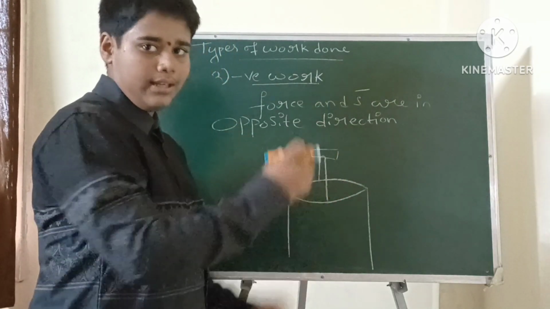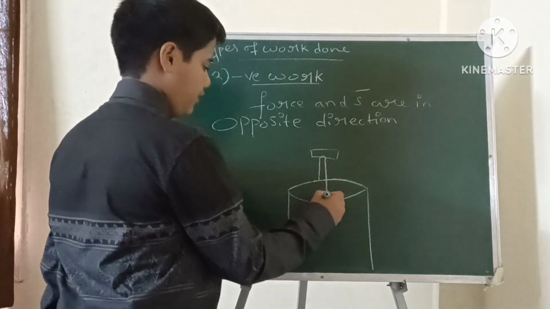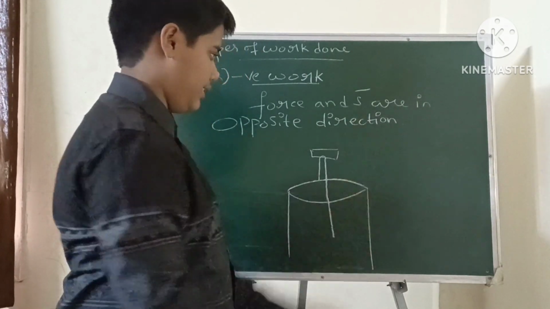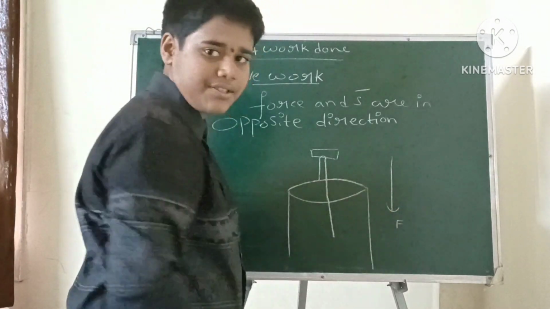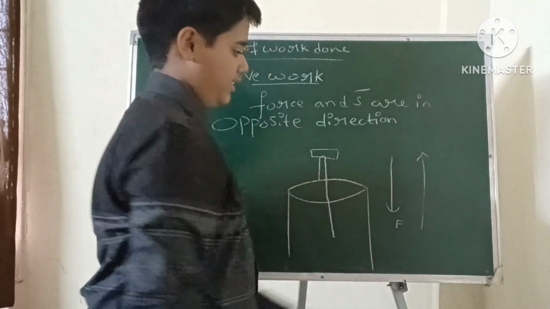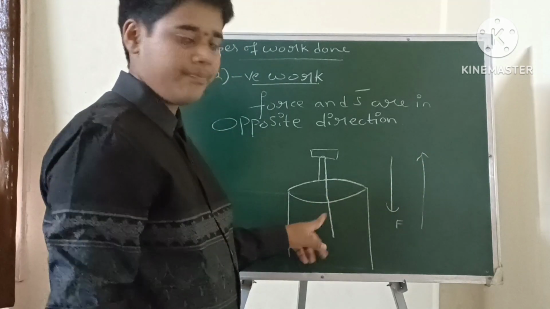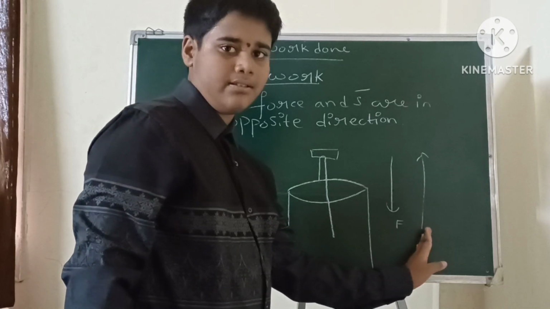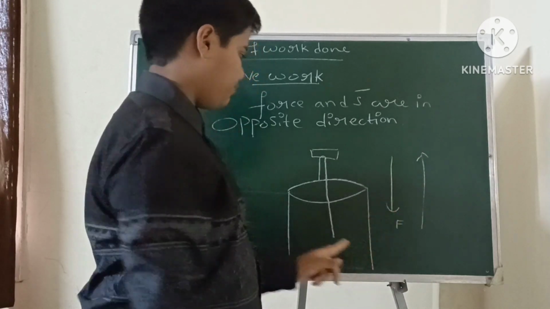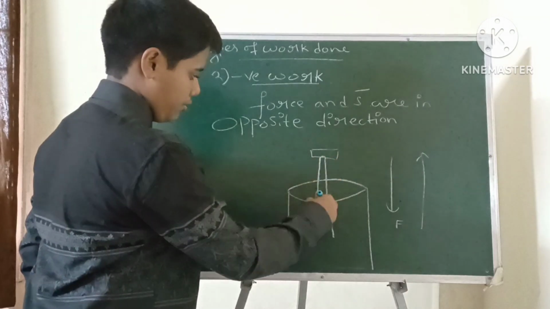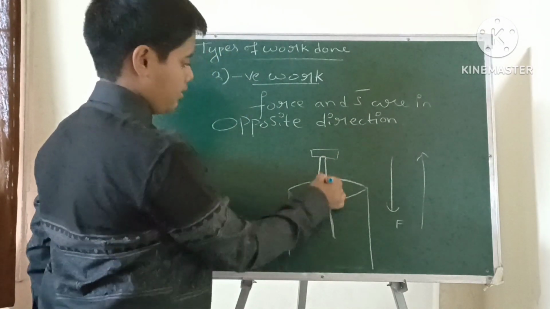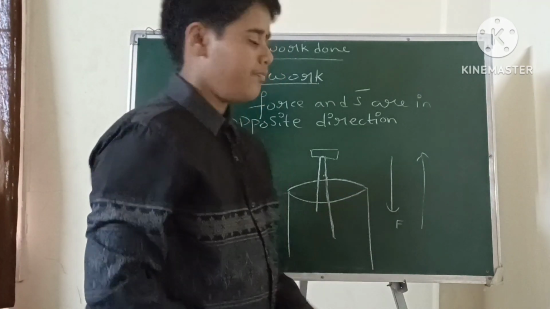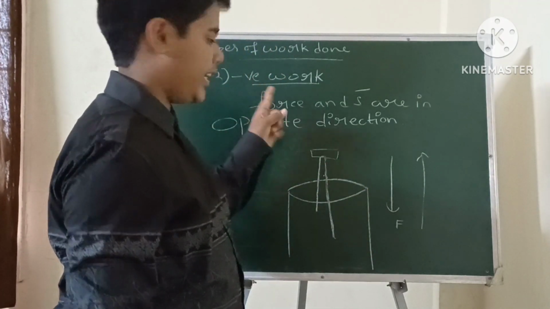We have to pull like this to get water from the well. Here the force is downwards and the displacement is upwards, because when we apply force like this, the bucket goes upwards to get water. So these are in opposite directions, so pulling water from a well is negative work.